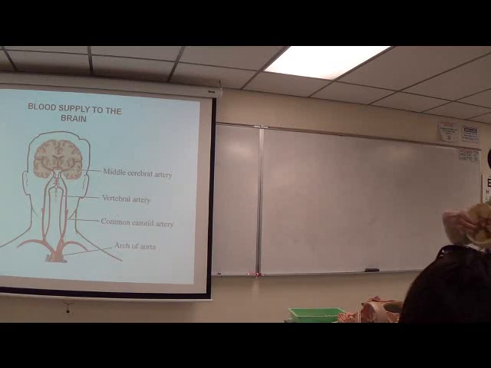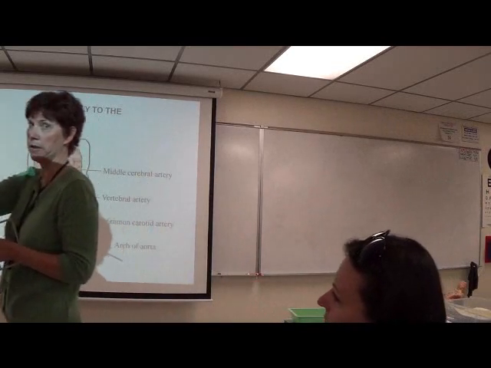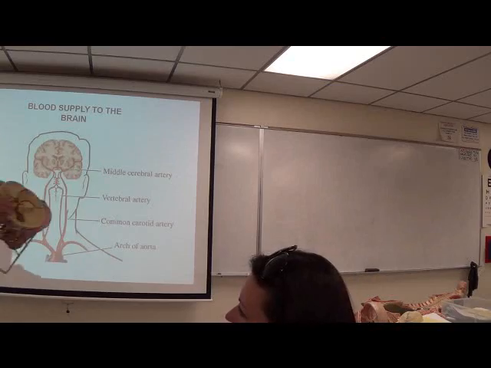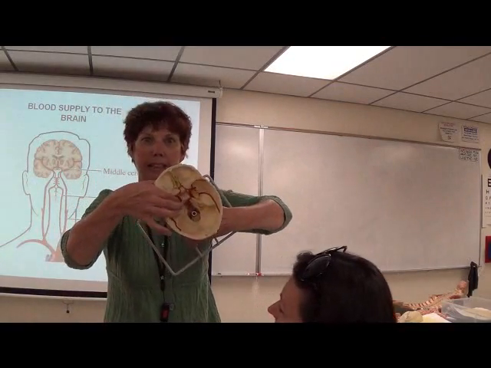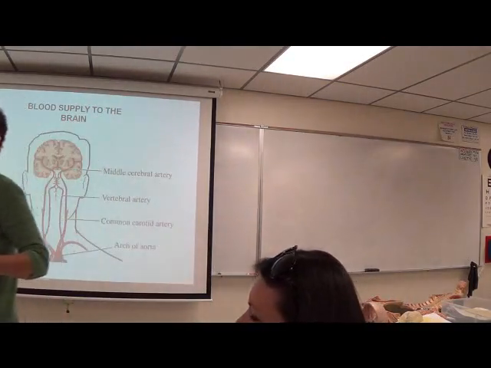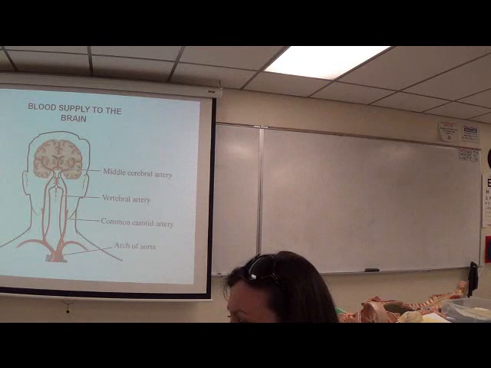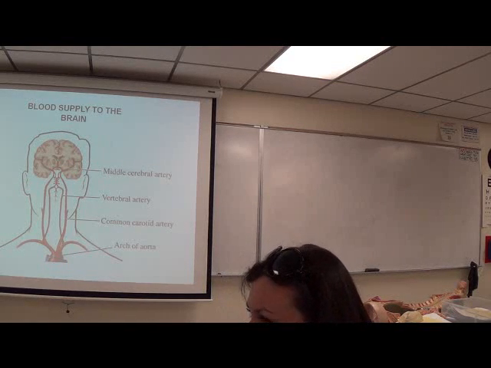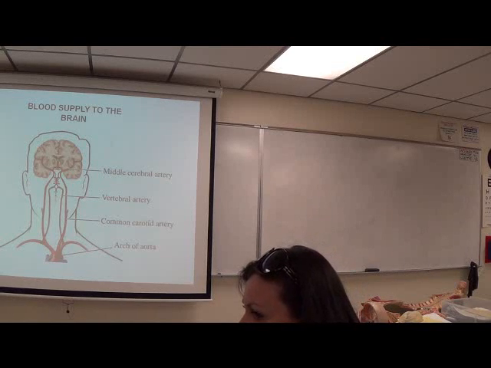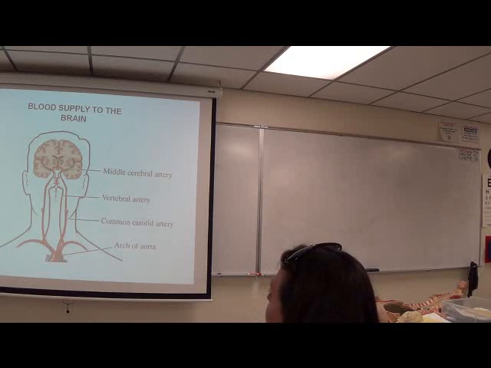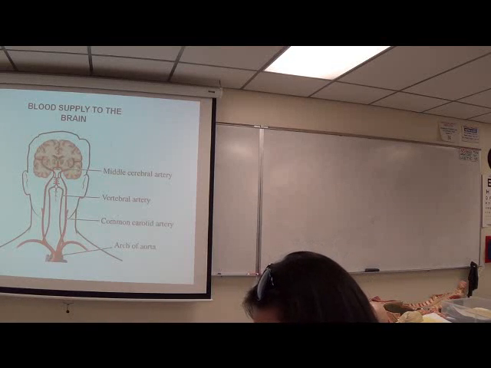Okay? And so that's the major supply of blood. Let me show it to the camera here. Right there. That's the major supply of blood to the brain tissue itself. So a pair of internal carotid arteries, coming through the carotid canal, kind of making a bend and entering the skull there.